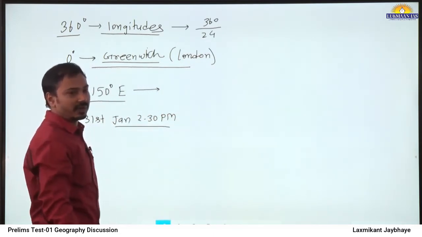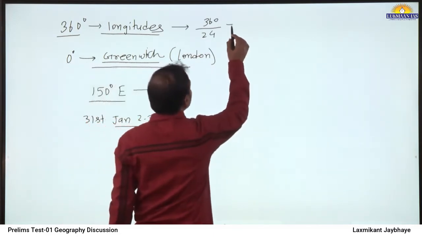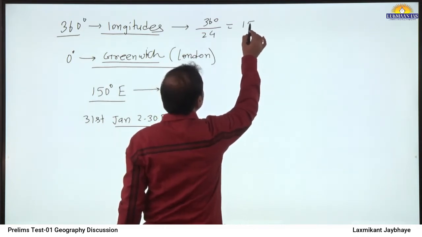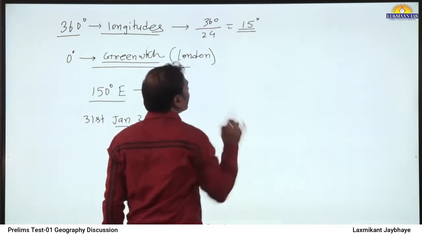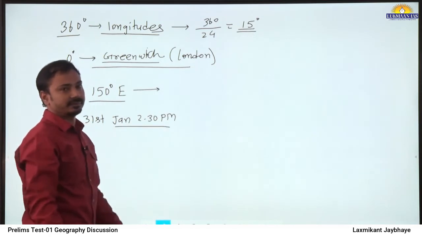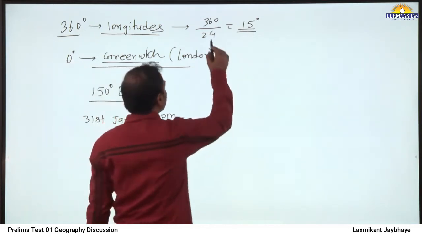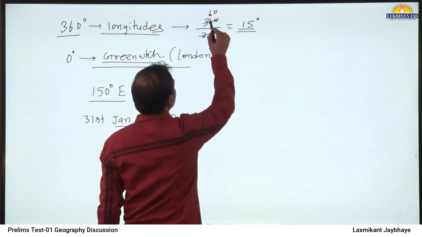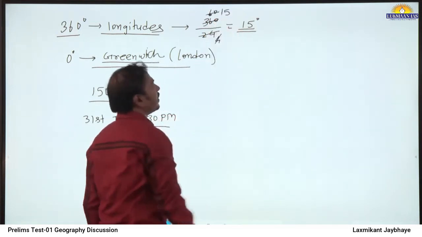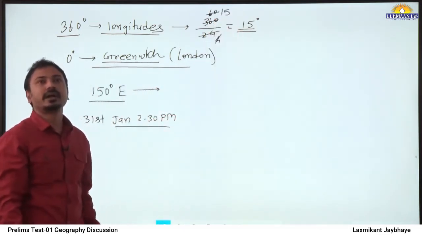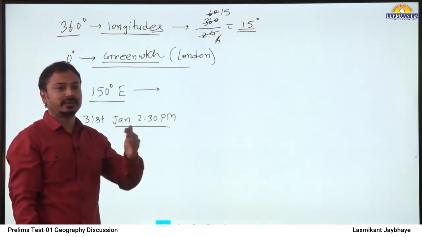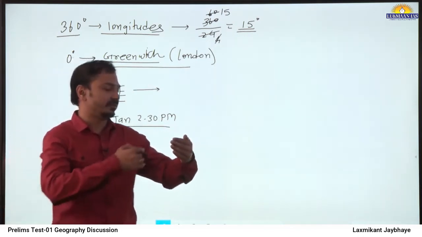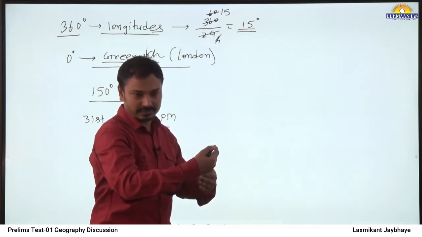So what is this? 15 degrees. Okay, if you don't understand, divide by 6. So that means 15 degrees. When we shift by 15 degrees, that means we are crossing 1 hour.